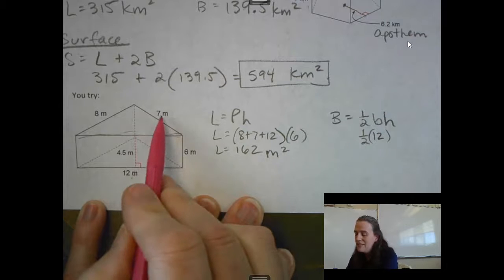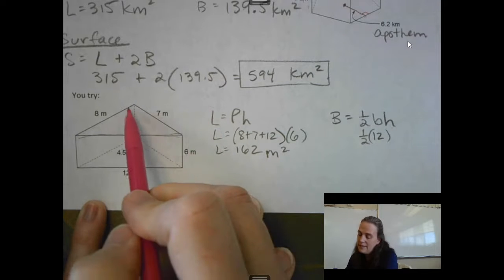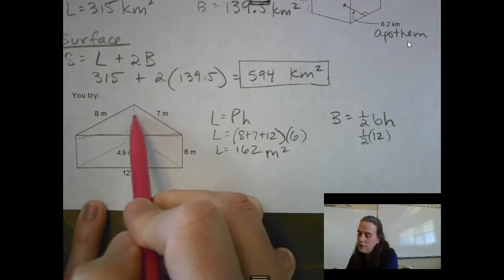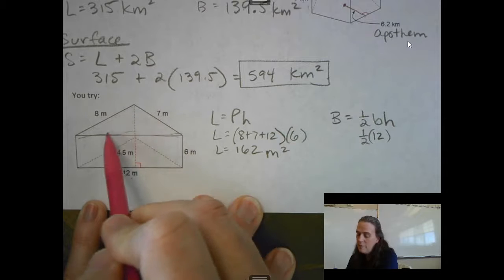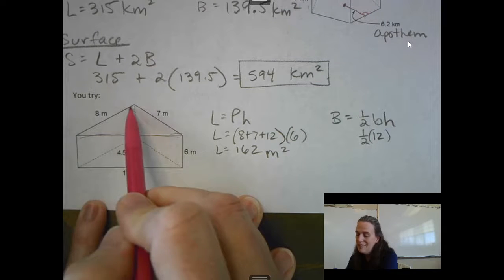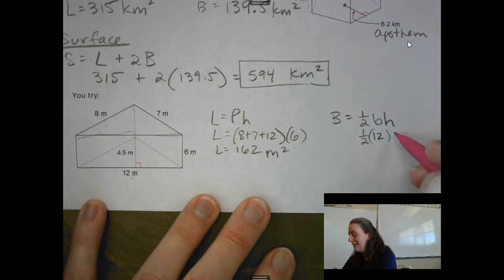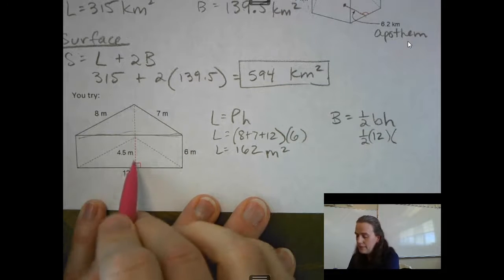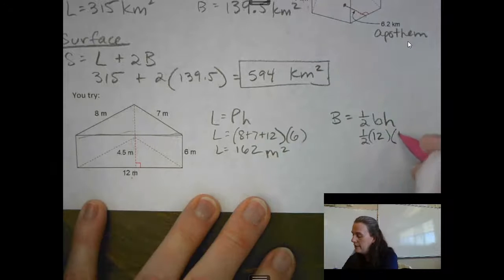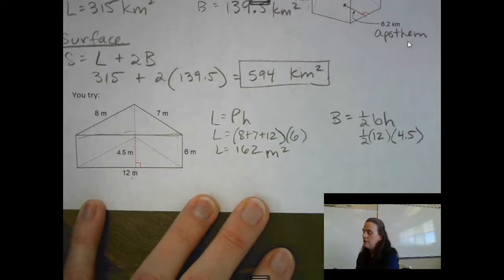If I had picked base 7, they didn't tell us that's a right angle, so we don't really know for sure the perpendicular height from there up to the top. If they'd put a right angle there, we could have used that, but they did not. So this is our base, and we know this is the height of this triangle, 4.5.